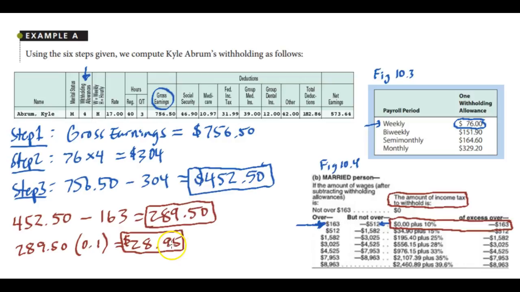What we're doing is the calculations that an accountant would be doing, though a lot of this would probably be done automatically. There are forms of technology that will do this for you, but if you want to do this by hand, this is the process you would go through to determine how much money an employee would have to take out of their paycheck based on their allowances and gross earnings.